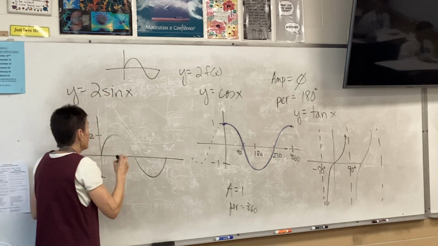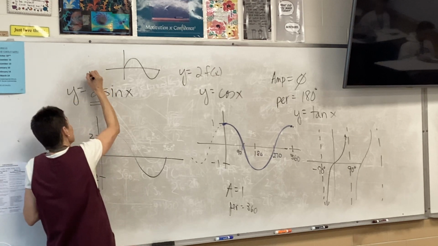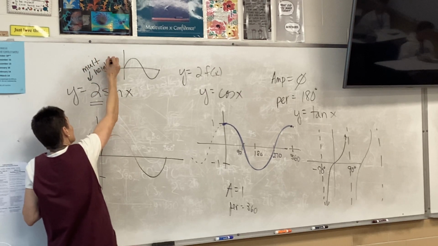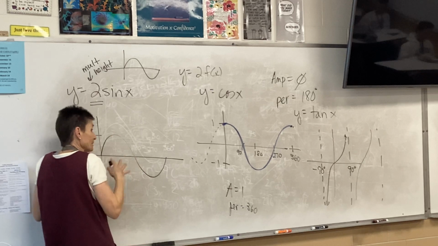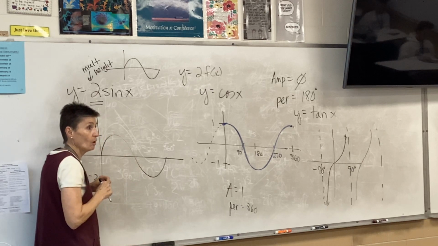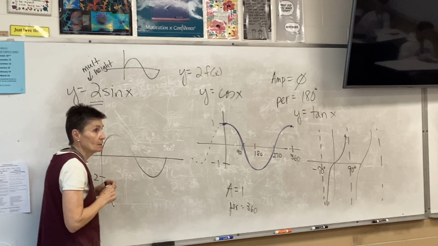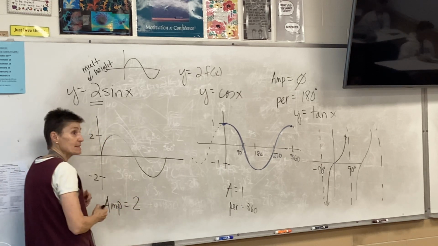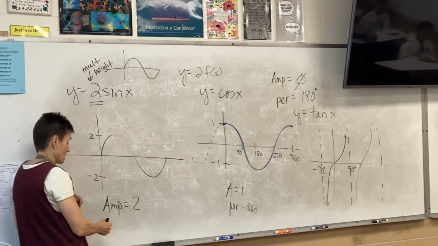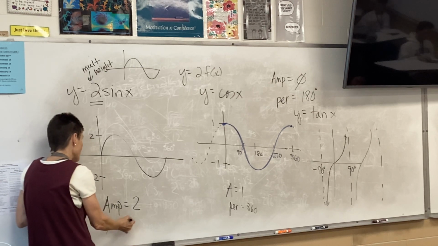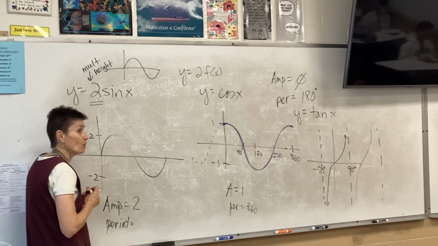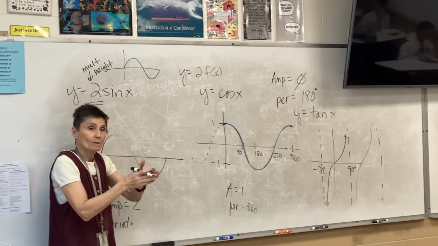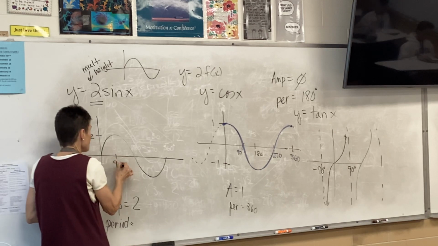Now, putting this number out in front multiplies the height. In trig land, height is called amplitude. So the amplitude of my picture is now 2. Does putting a number out in front have anything to do with this? No. So these labels are unchanged.